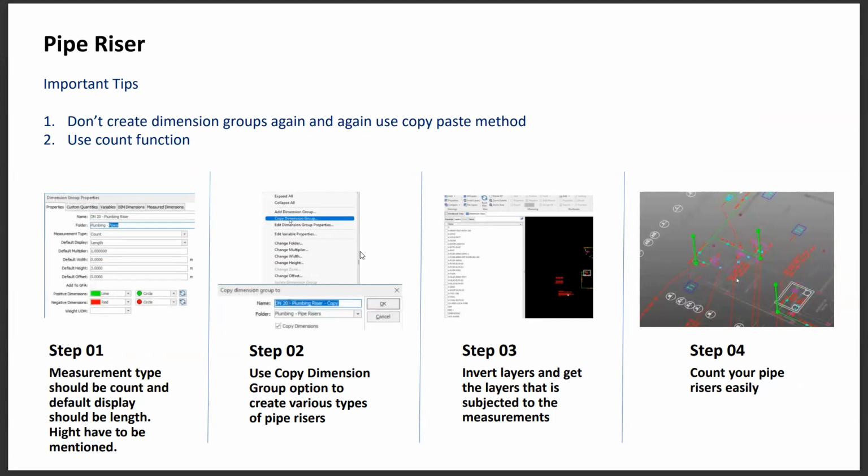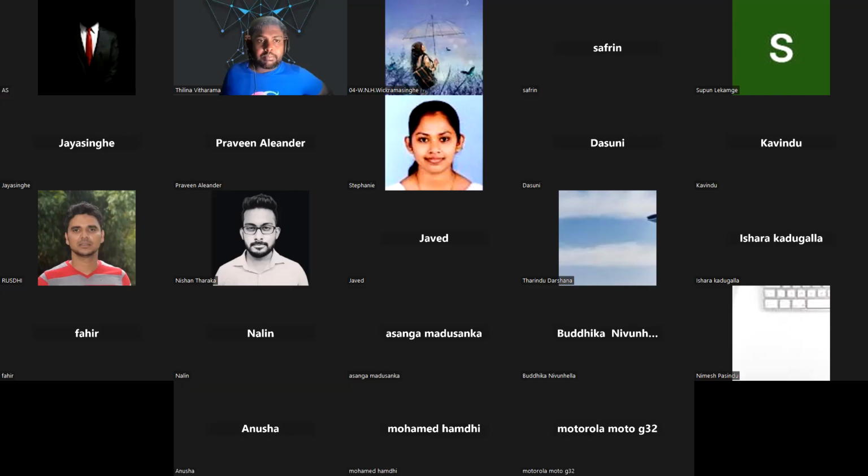After finishing the lecture, you can go through this lecture note and revise all the things very easily. Then after completing this course, you have to do an assignment. I will show you Mr. Janaka Edirisingha's assignment. Mr. Janaka Edirisingha is a veteran quantity surveyor from Blair and Anderson, UAE.